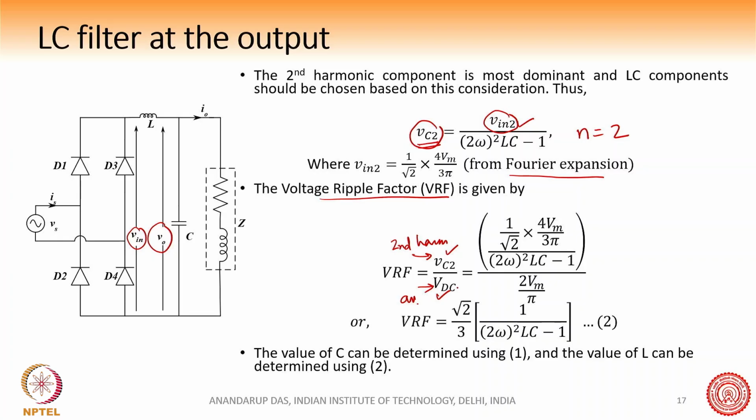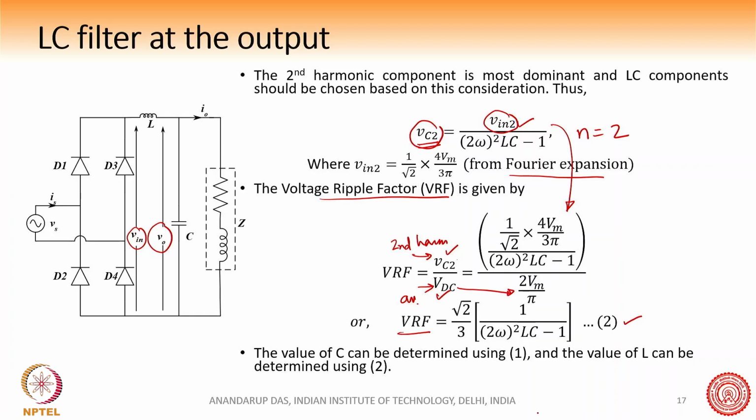So the DC part is 2 Vm by pi. This also comes from the Fourier series expansion from the previous one. And VC2, we have just found out, comes from here. If you simplify this, we get this equation.